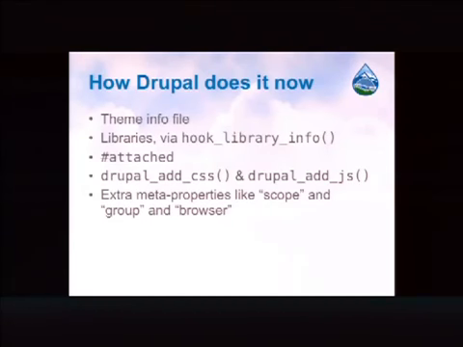And there's attached, which is especially for front-end folks, that is, show of hands, who knows what attached is? Yeah, that's what I thought. Who knows what the render API is in render arrays? Right, okay.